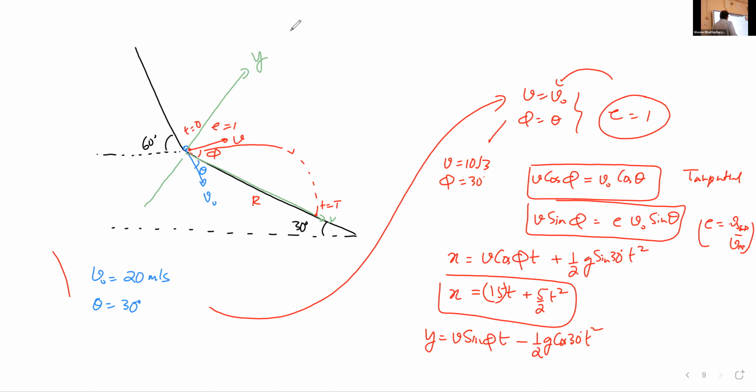Oh, wait. Not 10 root 3. V naught is, my mistake, this is 10 only, because this time V is conserved, it's not the tangential component. Kinetic energy is conserved, so V is 20 only.